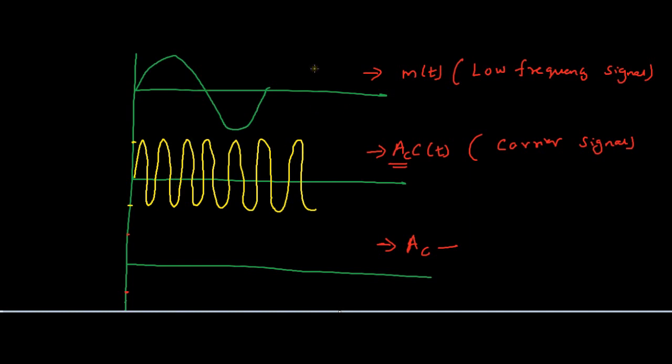So let me draw a rough diagram of this FM wave. As you can see, this is a message signal. This is our carrier. The frequency of the carrier is varied in accordance with the message signal. So roughly it will look like this.